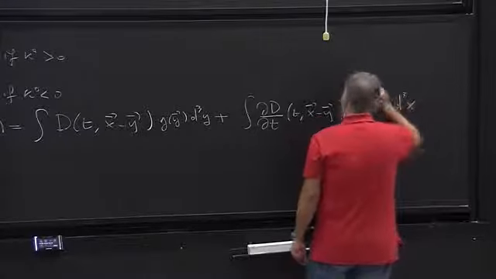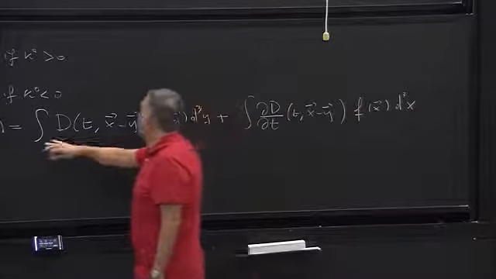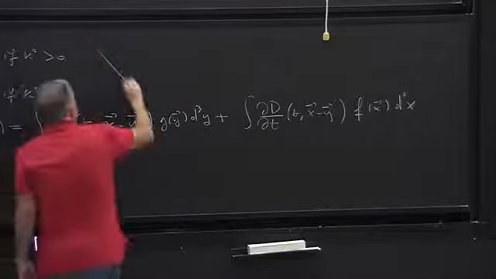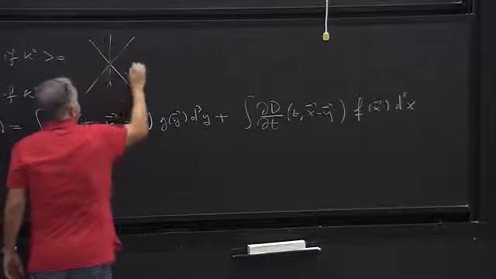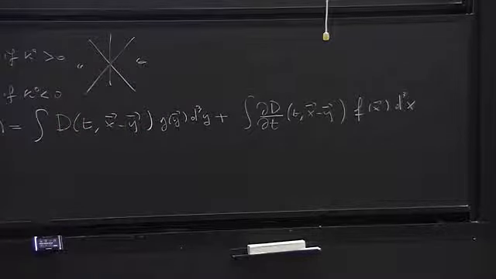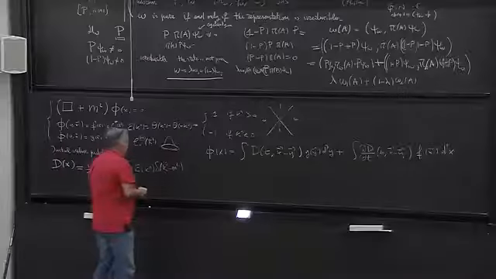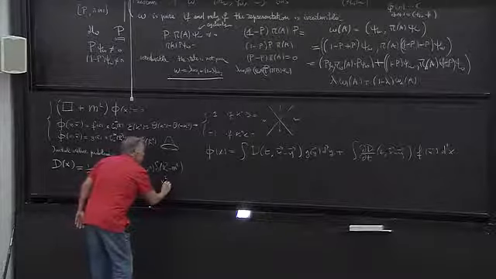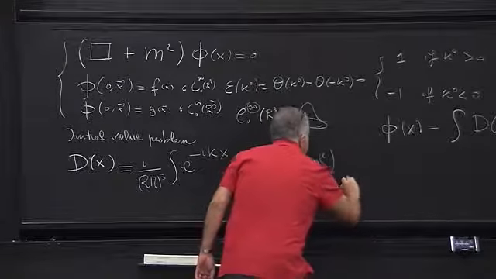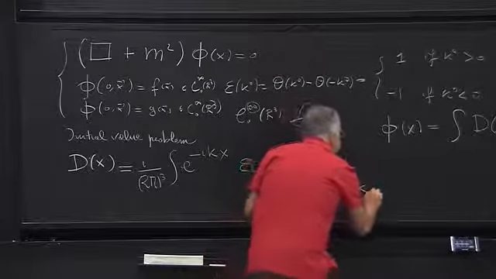Since the Pauli-Jordan function, as we will see later in this lecture, is zero in the complement of the light cone, this function is zero if x squared, which is x0 squared minus x vector squared, is negative.